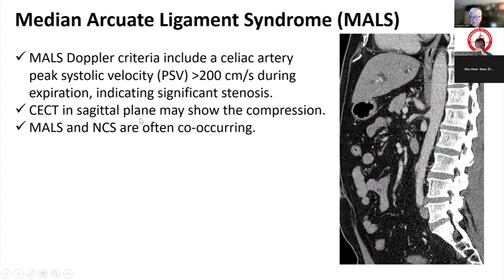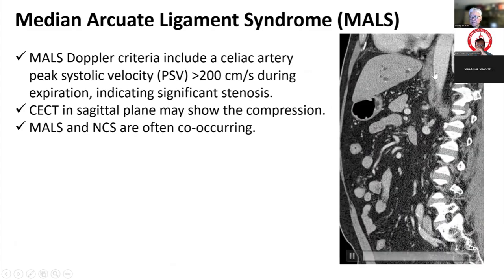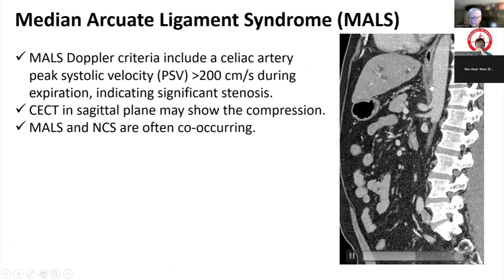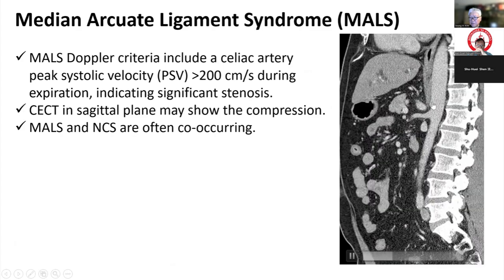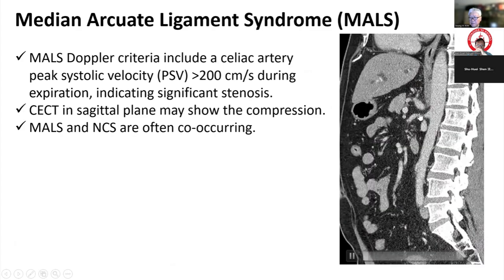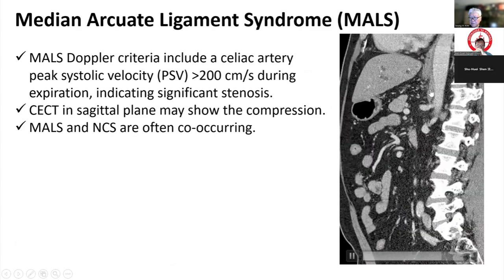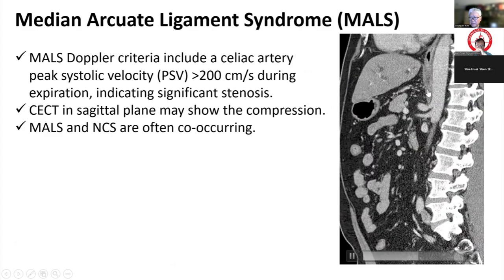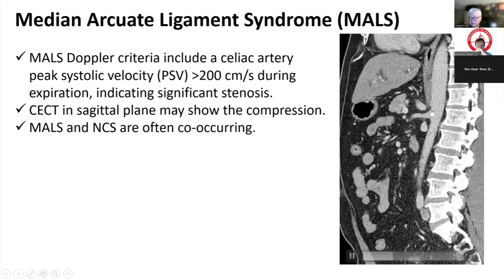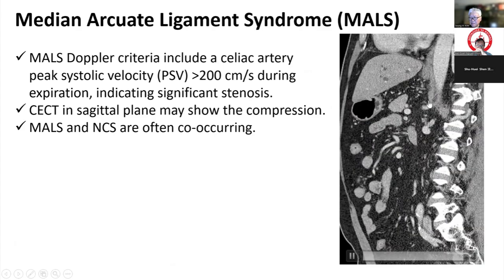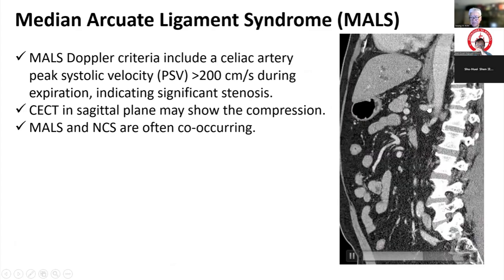And on contrast enhanced CT scan in the sagittal plane like this, we can see the compression of the proximal part of the celiac artery by the ligament structure. This is the median arcuate ligament, and the proximal celiac artery area is compressed by this low-lying ligament.